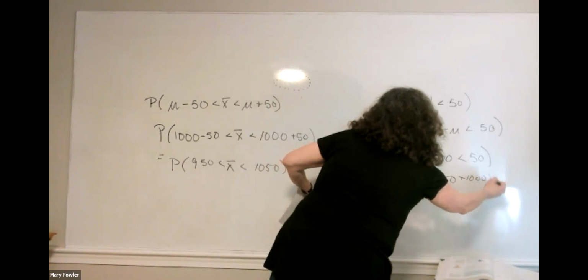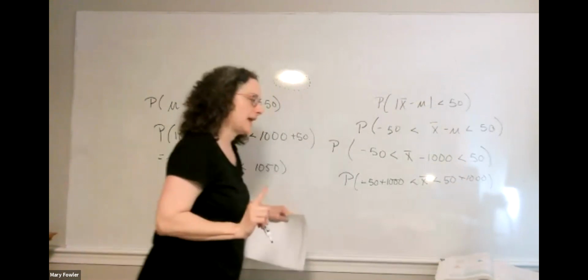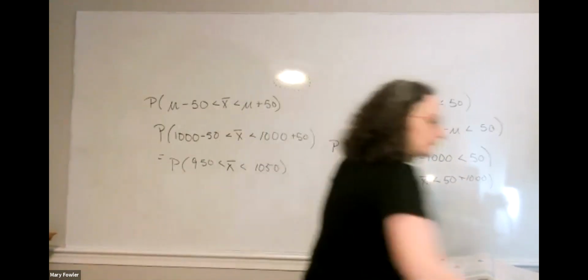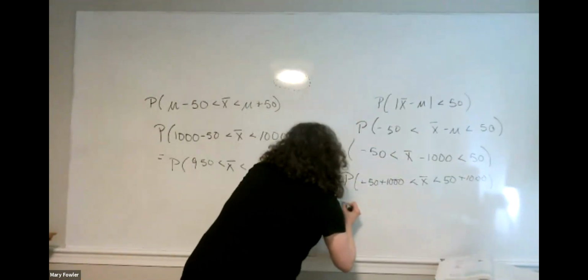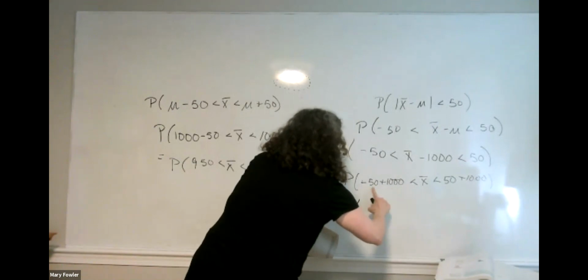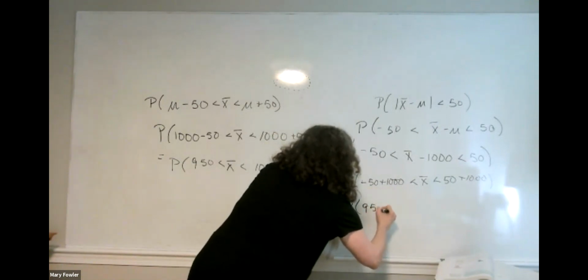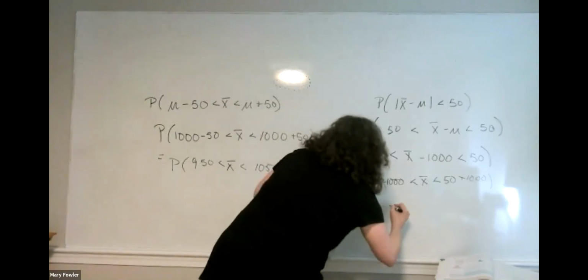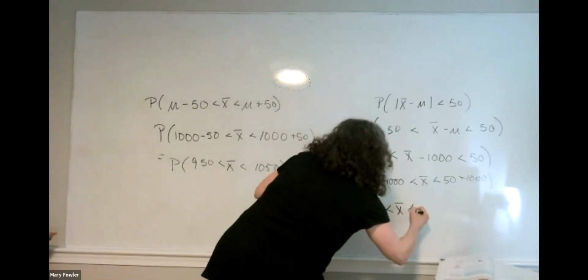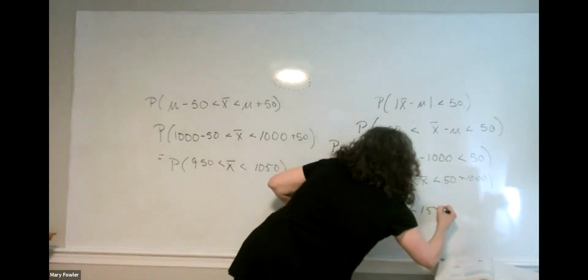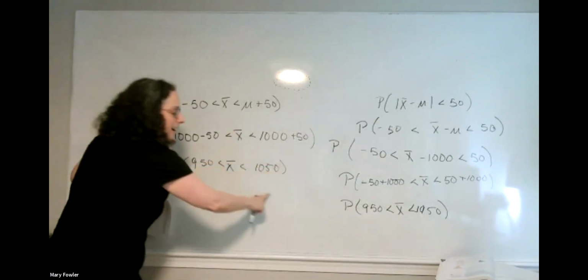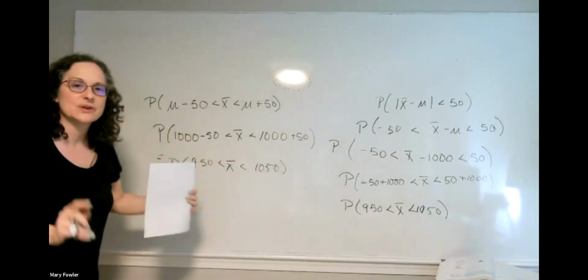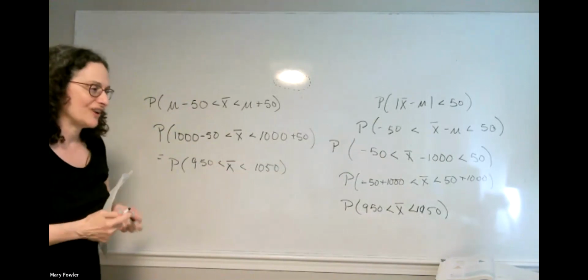So we're adding 1,000 to isolate the x bar. Cleaning this up a bit, minus 50 plus 1,000 is 950. What is the probability that 950 is less than x bar is less than 1,050? At this point, we see how the two statements are asking the same question.